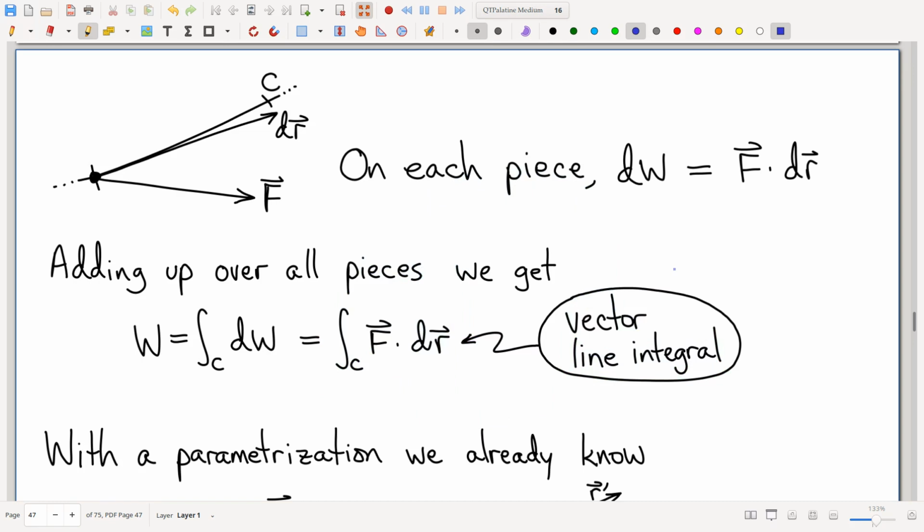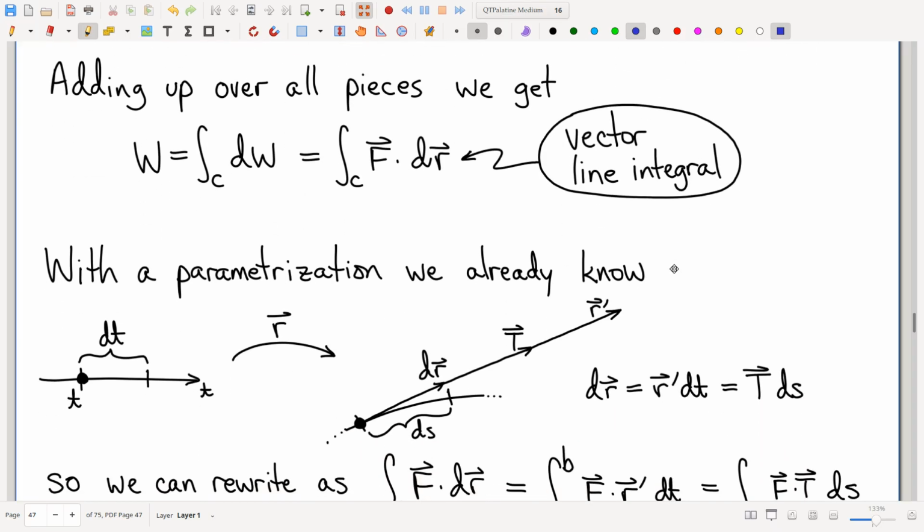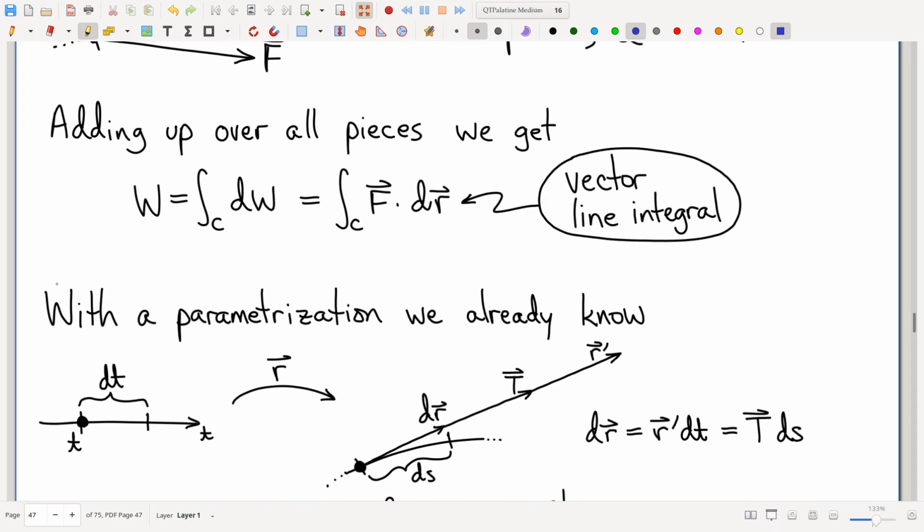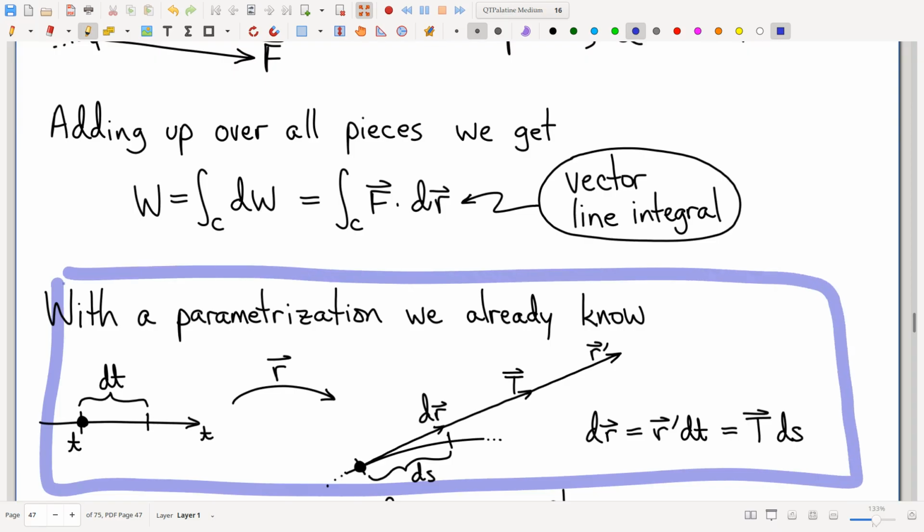All right. Now, how do we compute these things? And here's where I'm going to show you some alternative ways to write this. This right here is all just a callback to Chapter 3, and I want to say it was Section 3.2. It was at the very start of that section, we talked through these various objects and the relationships between them. And among those observations, we wrote this down, specifically that our vector differential, that dr, we didn't realize it at the time, but that dr is our vector differential.